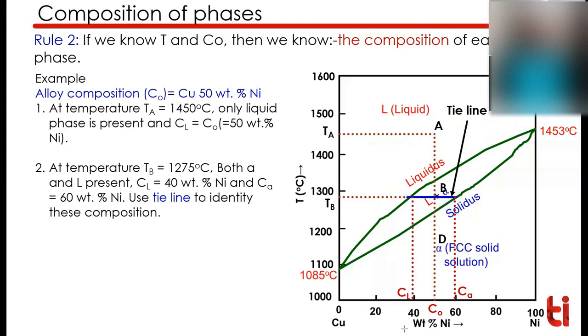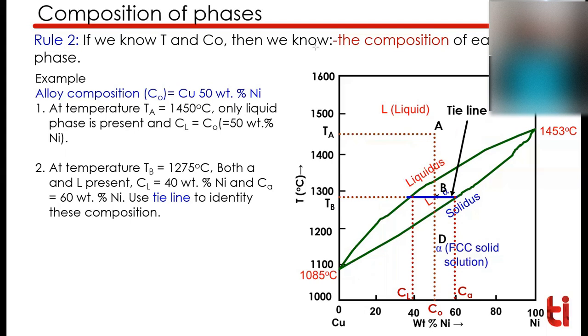So if you see here, my C liquid is how much? C liquid is copper 40 weight percent nickel, and alpha is copper 60 weight percent nickel. So what you are seeing here in solid, which is solidifying, because nickel has the highest melting point.